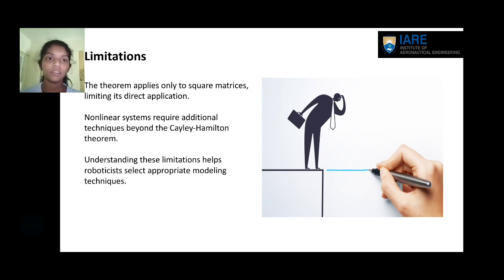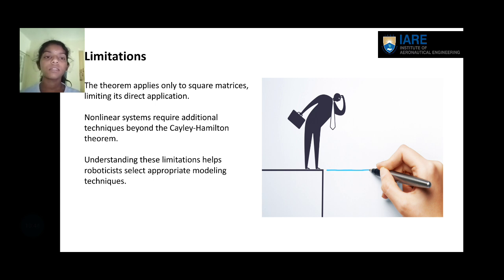And the limitations of using the Cayley-Hamilton theorem in robotics. The theorem applies only to square matrices, limiting its direct application. So this theorem will not apply to a 3 by 2 matrix, 1 by 2 matrix or 2 by 3 matrix. It is only applicable for square matrices like 3 by 3, 4 by 4, 2 by 2.